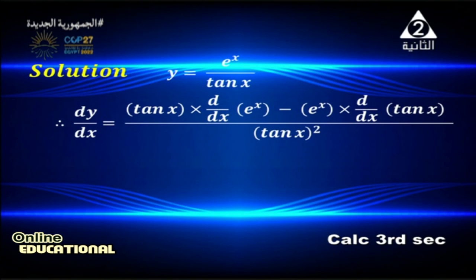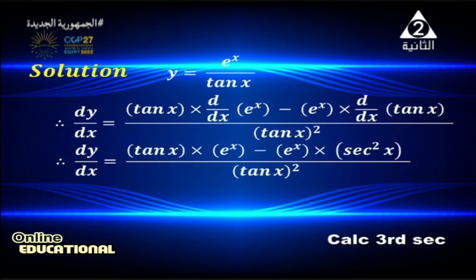Then dy dx equals tan x times the derivative of e to the power x, which is e to the power x, minus e to the power x multiplied by the derivative of tan x. Derivative of tan x equals sec power 2x, all over tan x all power 2.